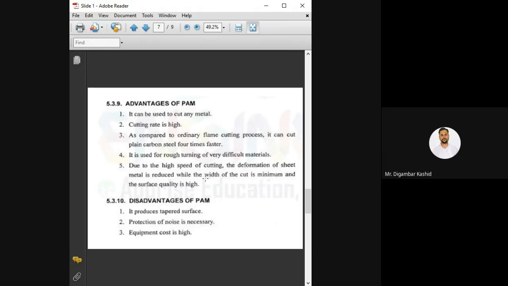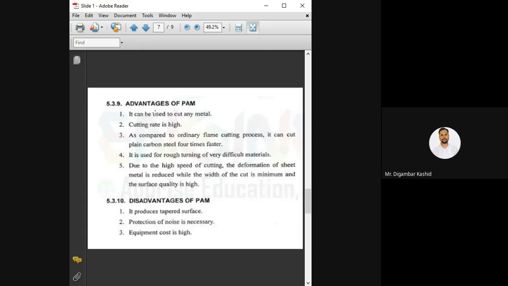Then, due to the high speed of cutting, the deformation of sheet metal is reduced, while the width of the cut is minimum, and the surface quality is high. So these are the advantages of plasma arc machining.